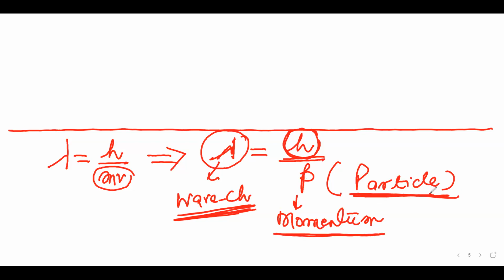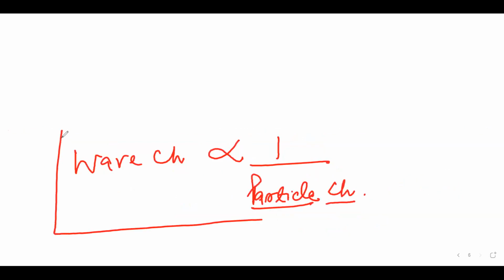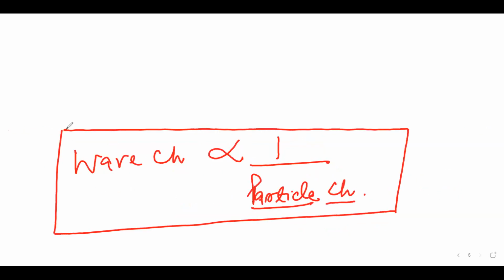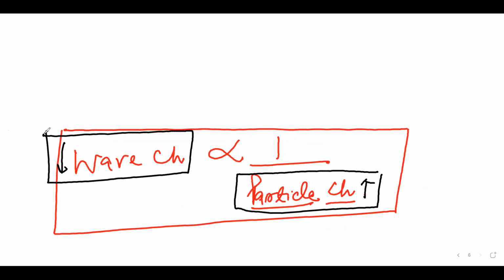So according to the de Broglie concept, the wave character and particle character are inversely proportional. So if an object has a high particle character, it will have a low wave character.